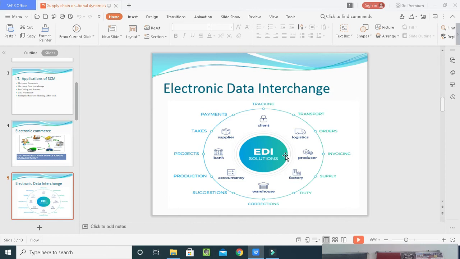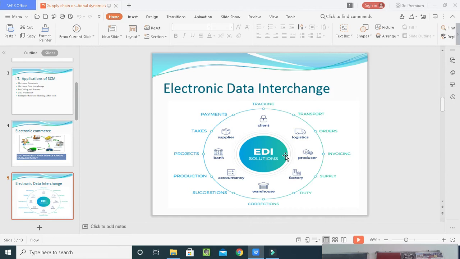Next one is electronic data interchange. Electronic data interchange refers to the computer exchange of business documents in a standard format. EDI describes both the capability and practice of communicating information between two organizations electronically instead of the traditional forms of mail, courier and fax.